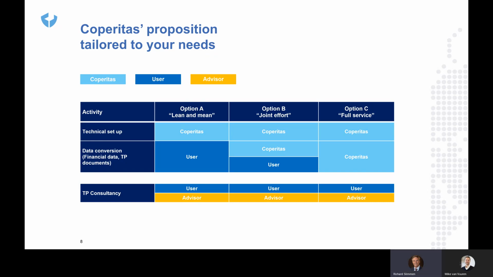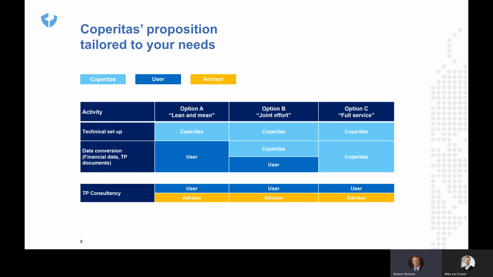If we look into the possibilities of TP consultancy, I think it's relevant to stress that Coperitas works independent from any tax and transfer pricing advisor. And therefore, initially, Coperitas itself will not cover TP consultancy itself. This should be provided either by your in-house TP team or your external consultants.